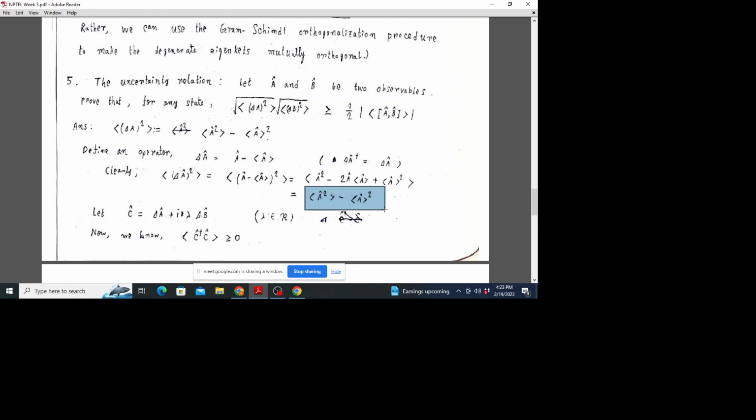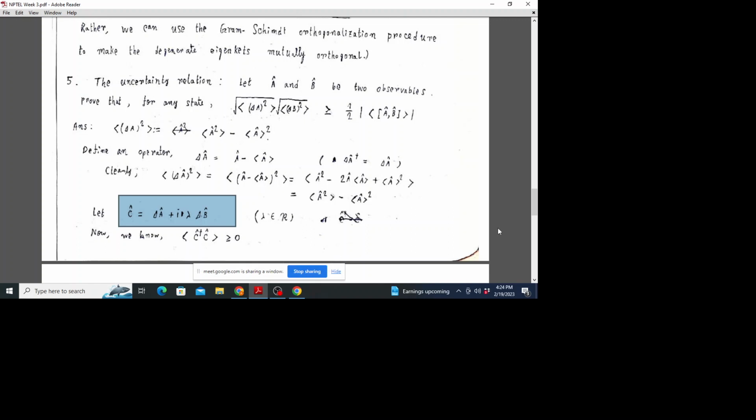Now you can of course do a similar thing for B also. Similarly define a delta B operator. And now define a total thing like this, another operator C, where lambda is a real number and this is I lambda. Of course we know that the expectation value of C dagger C is greater than or equal to 0, right?